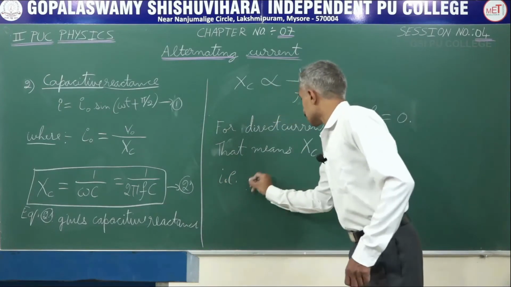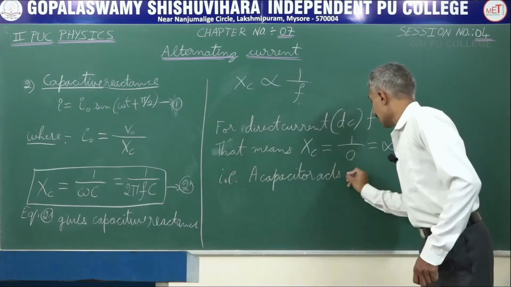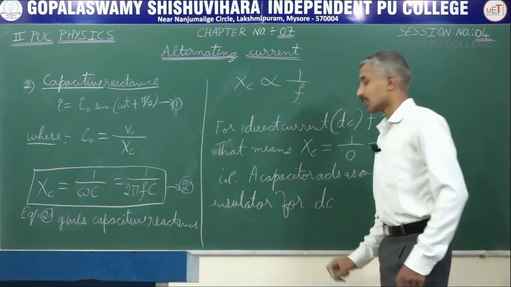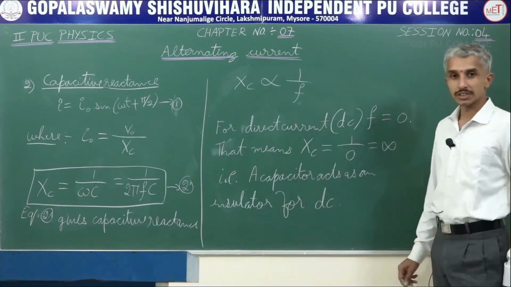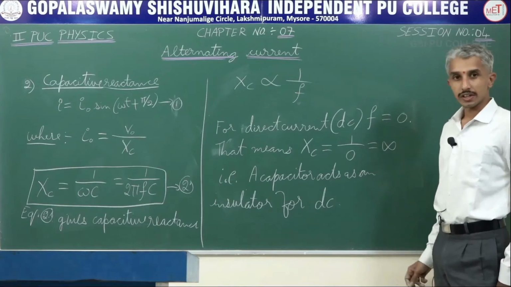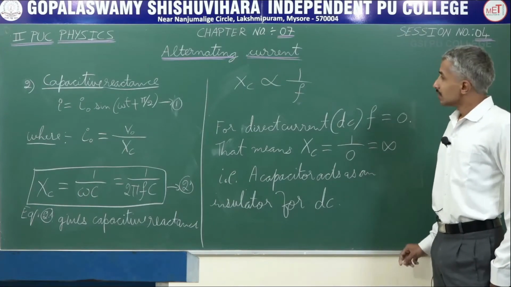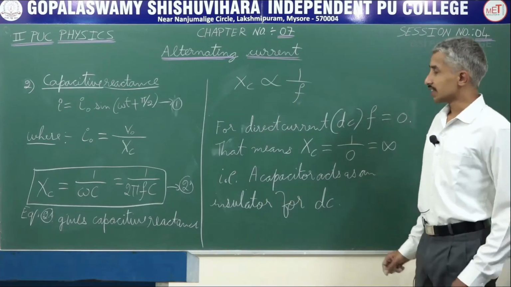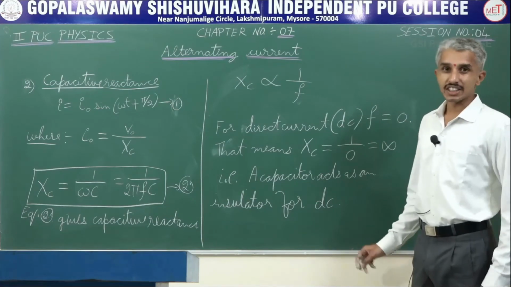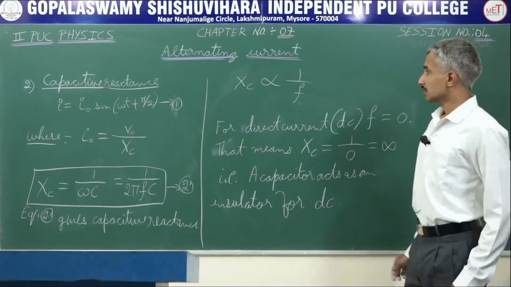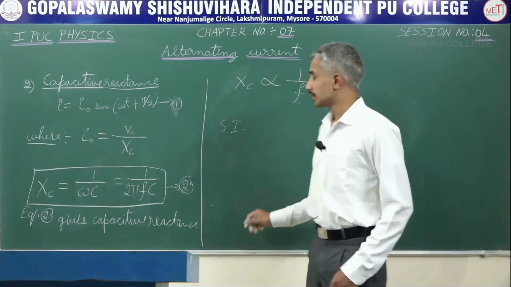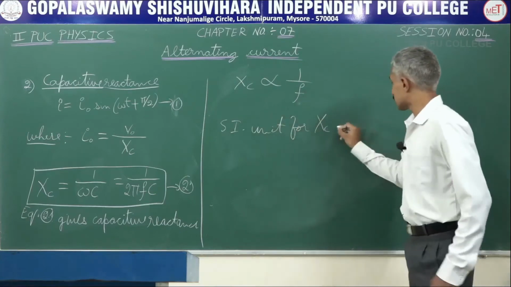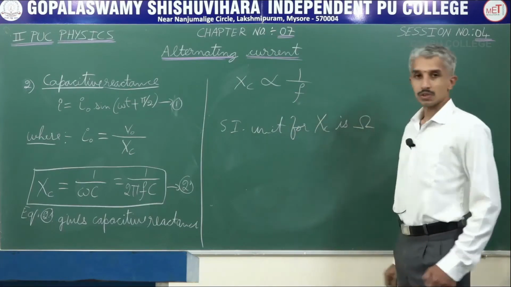So a capacitor acts as an insulator for DC or for direct current. A capacitor does not allow direct current to pass through it, whereas as frequency increases, capacitive reactance decreases and we say that a capacitor allows AC to pass through it easily. Also, the SI unit for capacitive reactance is also the same, ohm.